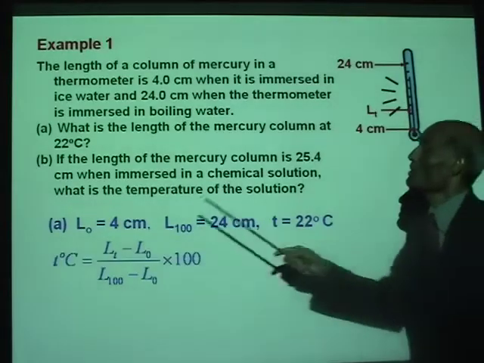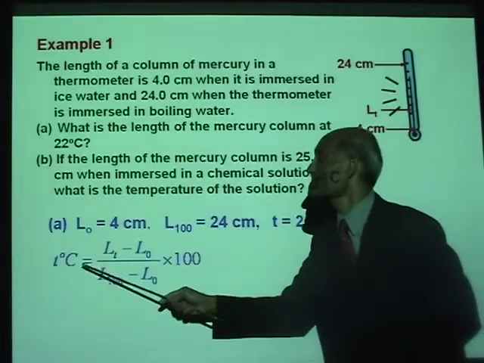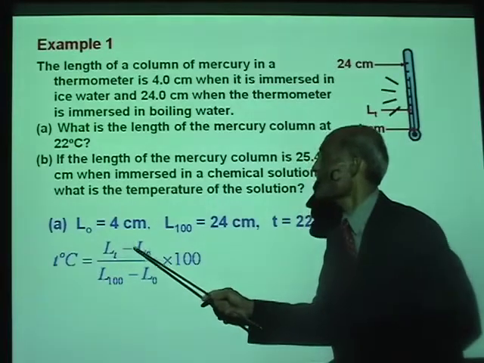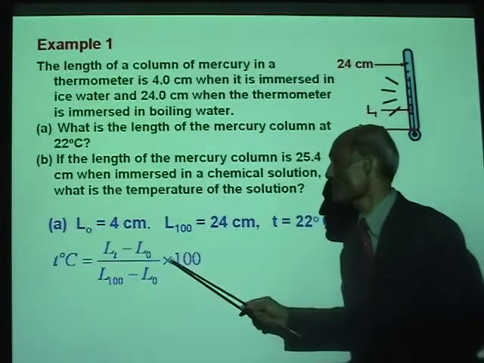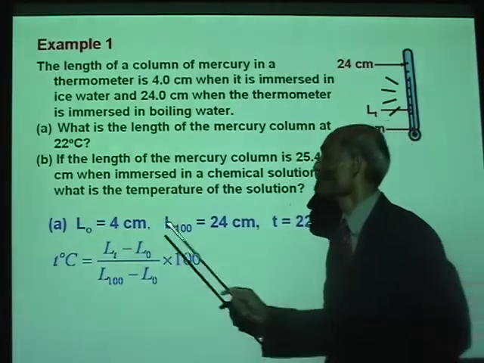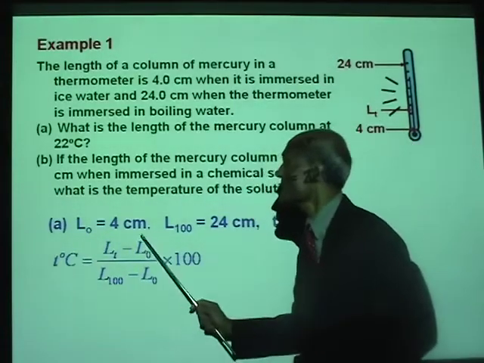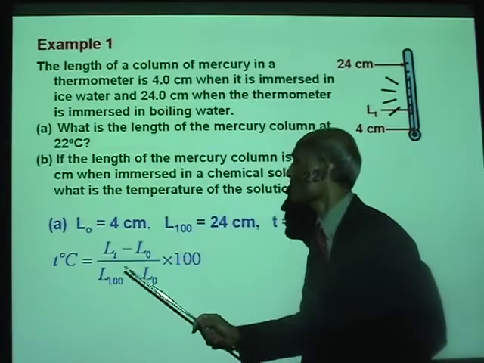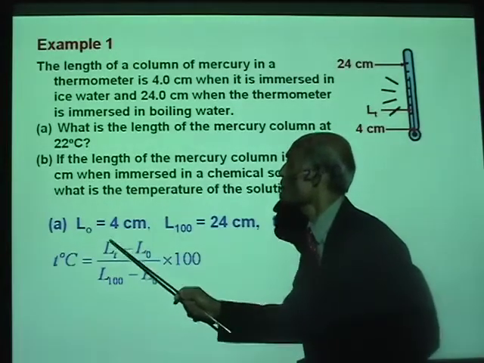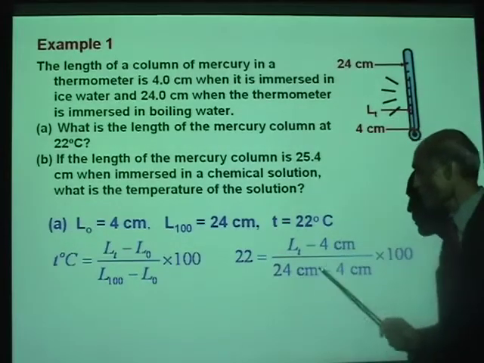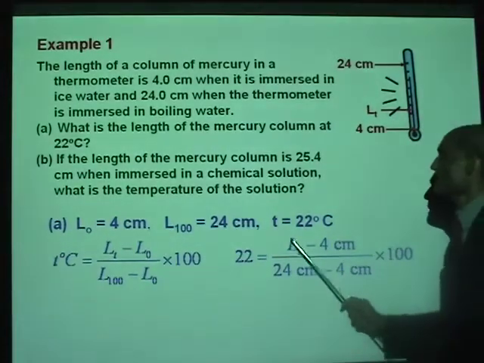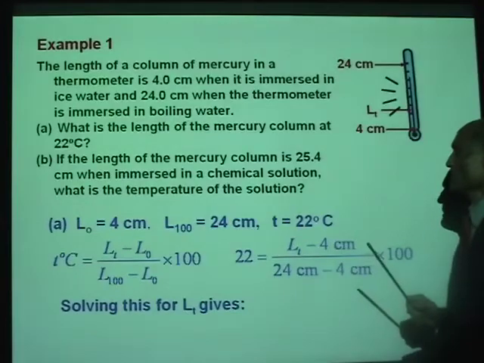What do we do? Go to our equation. T degrees Celsius is L_t minus L0 over L100 minus L0, multiplied by 100. We have T degrees, we have L0, we have L100. Solve for L_t. I'm sure you can do that. So put in all the given values and now solve for the value.